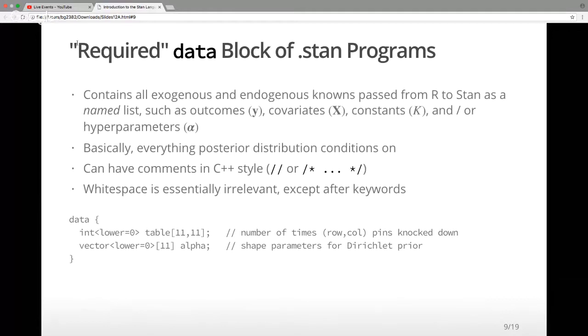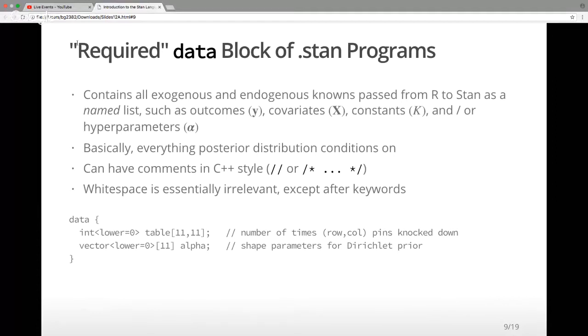So this is really going to contain counts. If the person does 50 frames, how many times did it go 7 on the first roll and then 3 on the second? Maybe that happened 4 times, and so you'd have 4 in that cell of the table.